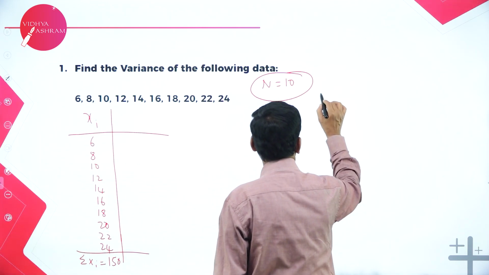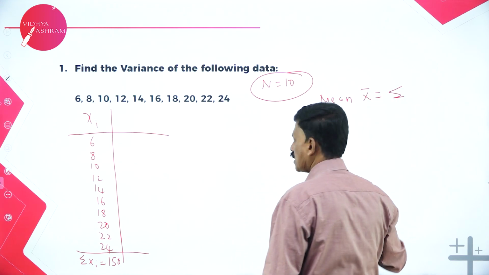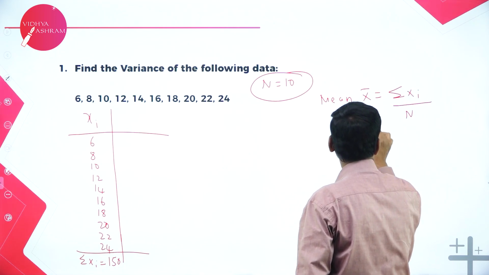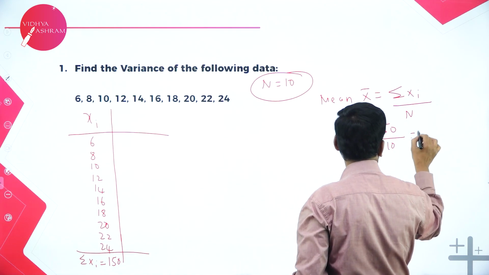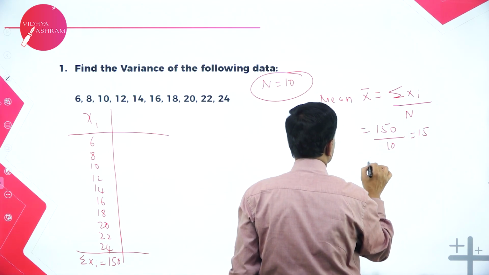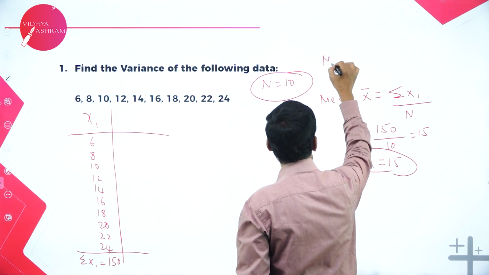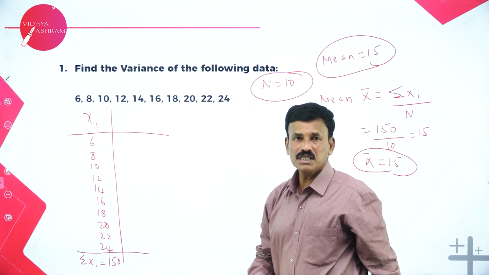Now find out the mean first. Mean x bar is equal to sigma xi divided by n. So 150 divided by n, which is 10, is equal to 15. So here x bar is equal to 15. The mean is 15.